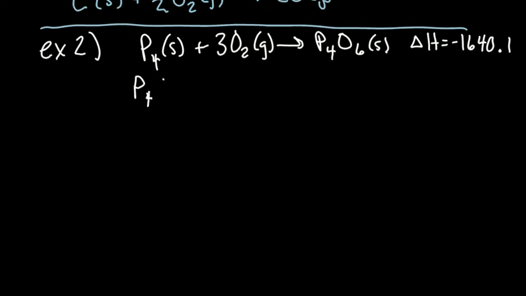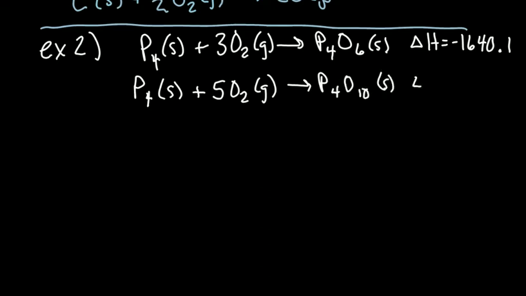And then over here I have P4 solid plus 5O2 gas goes to P4O10, which is a little bit different than the top one, and that's also a solid. Our delta H is going to be negative 2940.1 kilojoules.